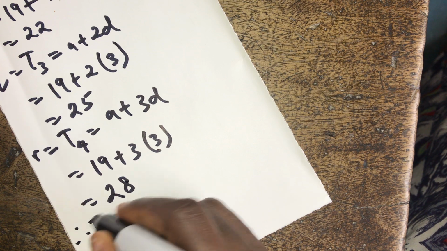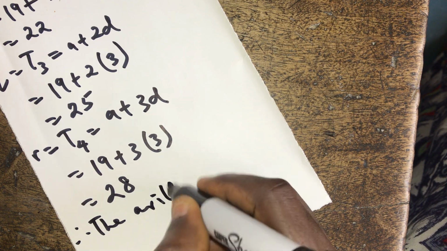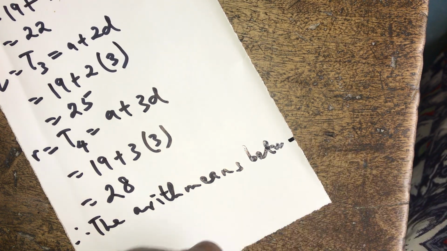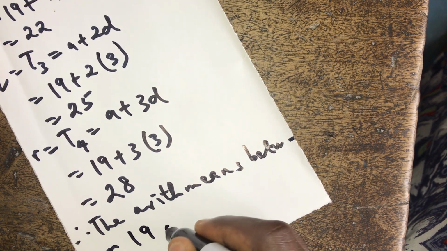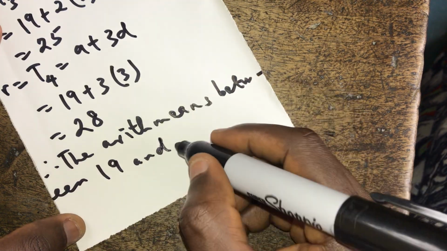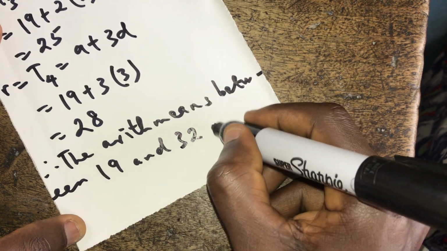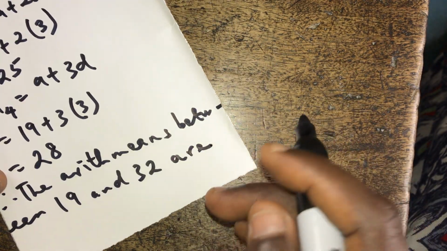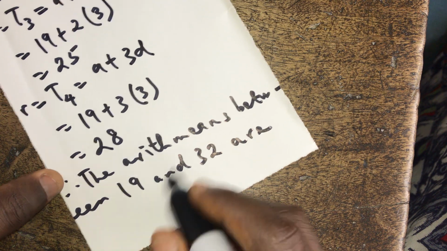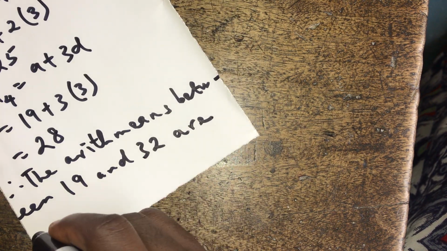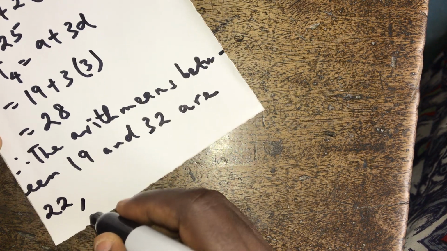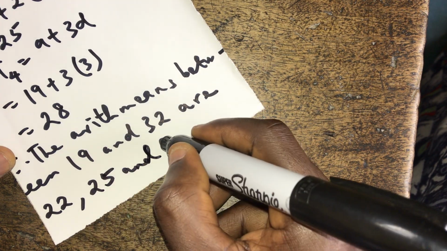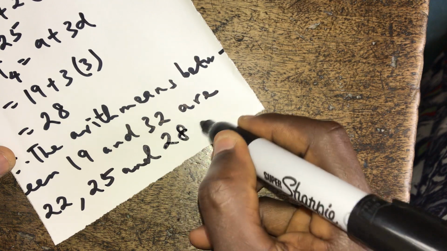Therefore, the arithmetic means between 19 and 32 are 22, 25, and 28.